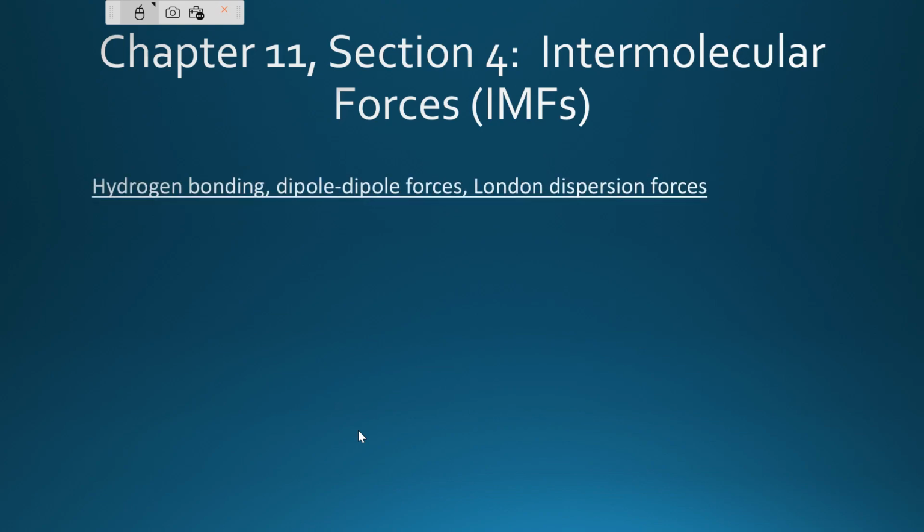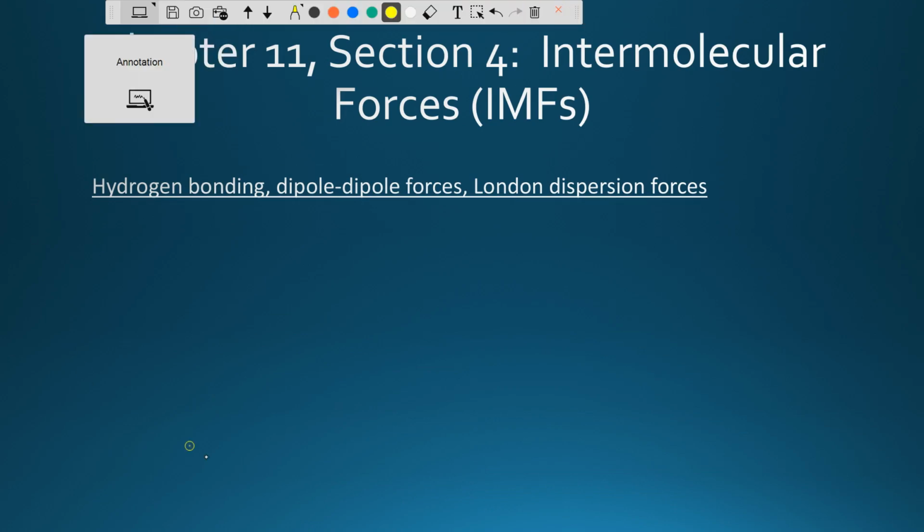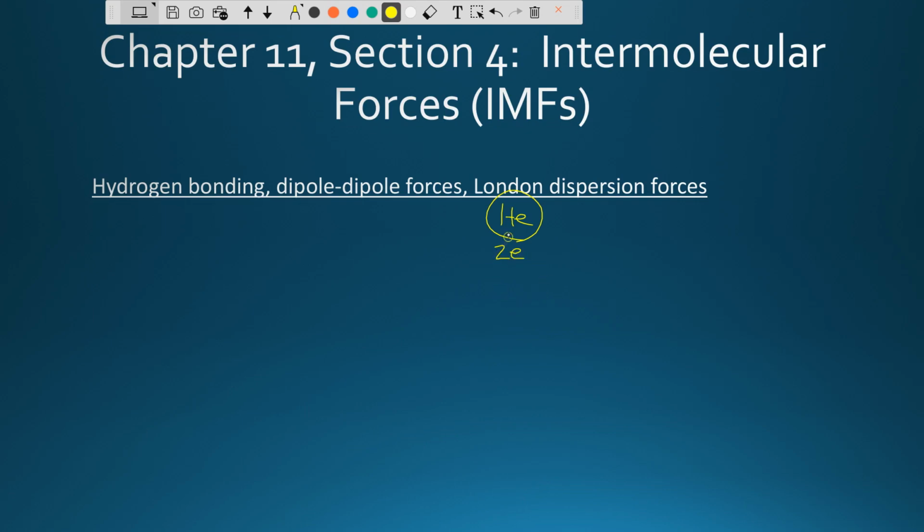The London dispersion forces, as I described, are temporary: the electrons are temporarily stacked up on one side. Let's take an example like helium. Helium has 2 protons on the inside and 2 electrons on the outside.